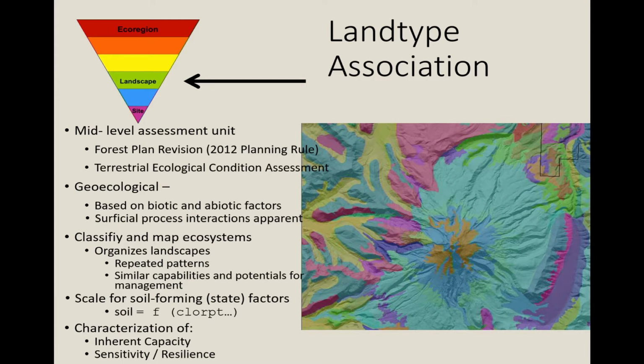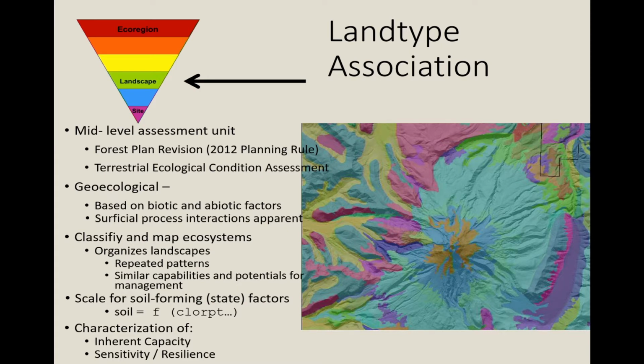The LTAs help us classify map units into areas of similar function. They help us organize landscapes and understand the arrangement and the patterns and the capabilities of various portions of the landscape across ownership boundaries. They're the scale at which soil forming factors take place.